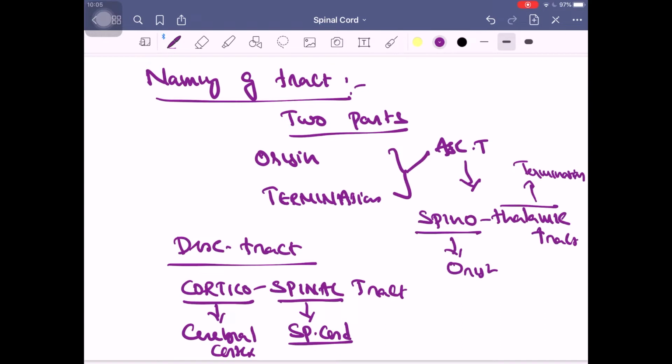So the first part is the origin and this is the termination. That's how the names have been given. If you remember the name of the tract, you will get the idea of where it is starting and where it is ending. Between the origin and termination, a tract may take up a lot of course. It may go through various neuroanatomical structures, which we have to remember.